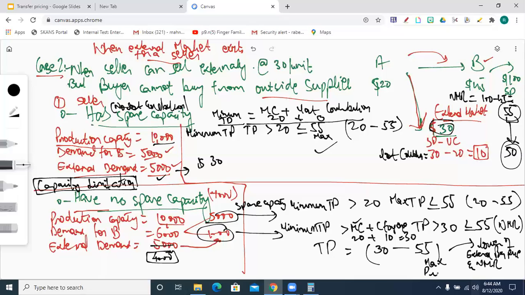Earlier the maximum price a buyer would be ready to pay was 55, so the rules for the maximum price would change. It would now be 50 here, 50 here. What is the lower of net marginal revenue and external selling price? It is 50.